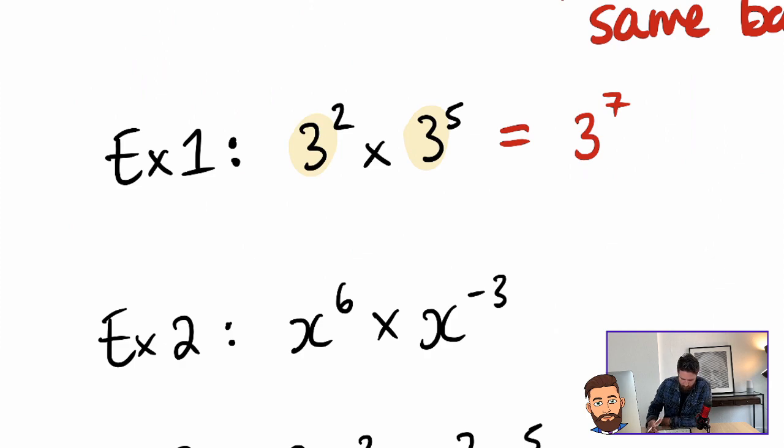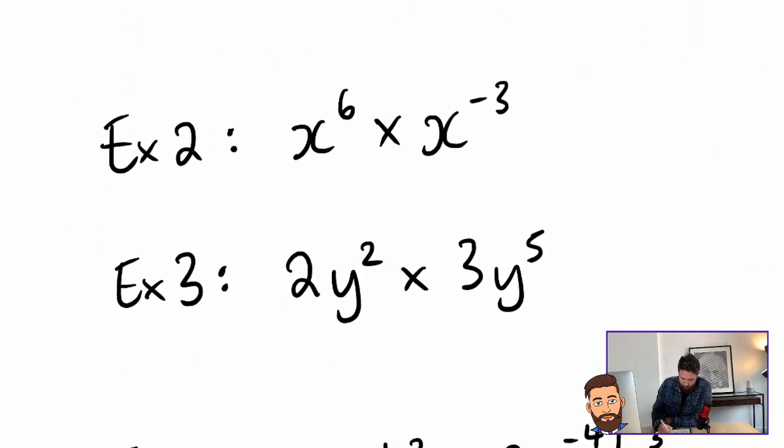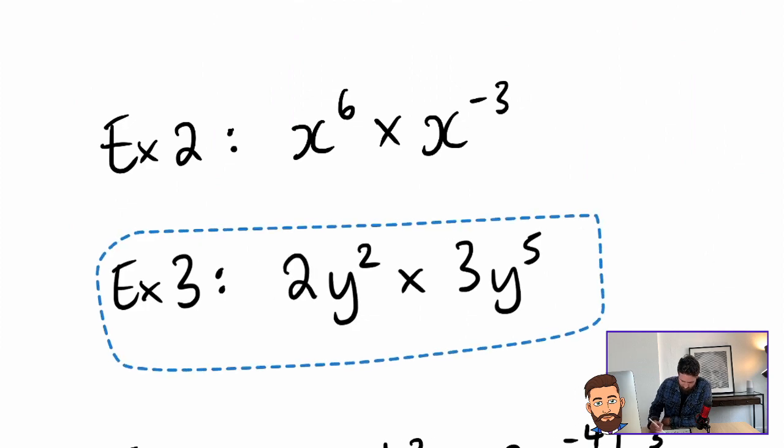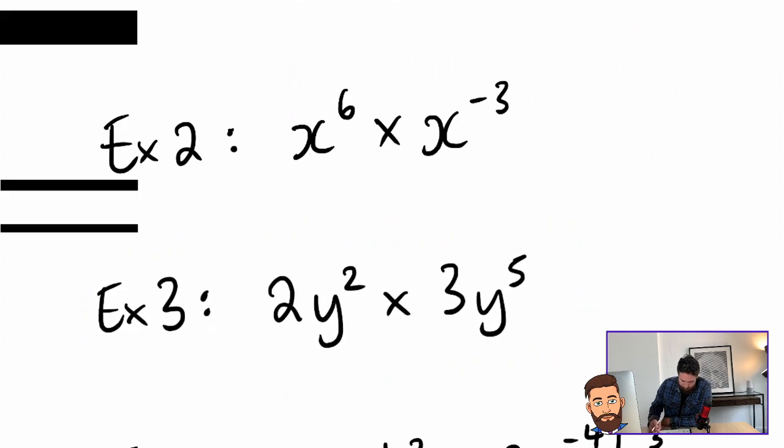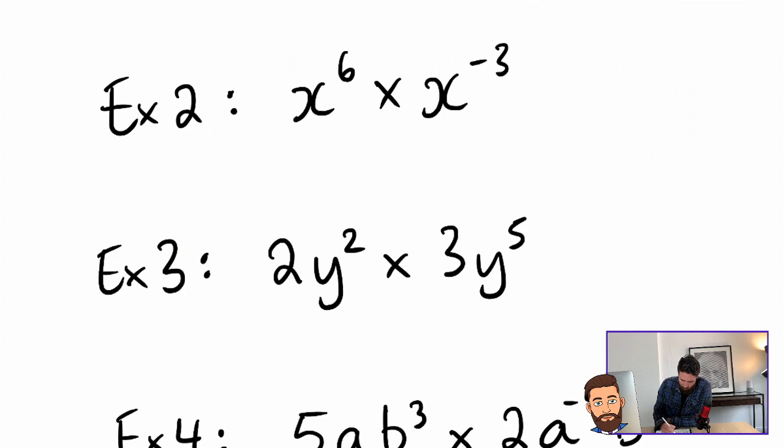Okay. Example 2. And this is where they start to sort of throw extra things at you. I've got x to the power 6 times by x to the minus 3. Okay. First question, do they share the same base? Yes, they do.